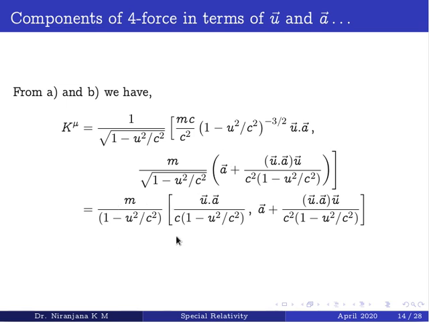And from this you can take m and square root of 1 minus u square by c square common out, and you can write it into this expression. And this is the required expression.